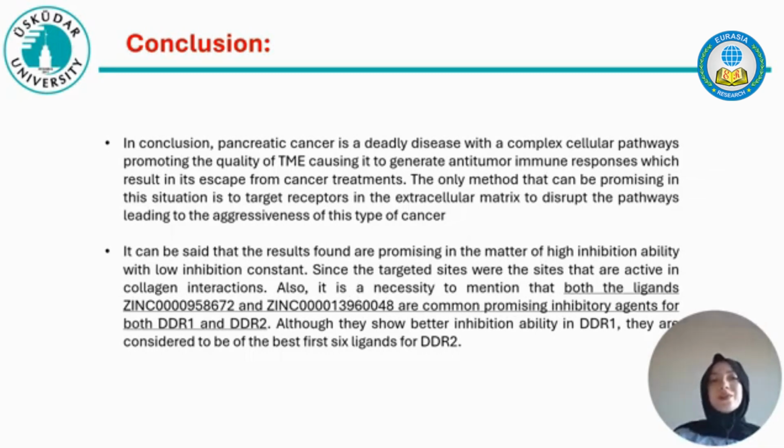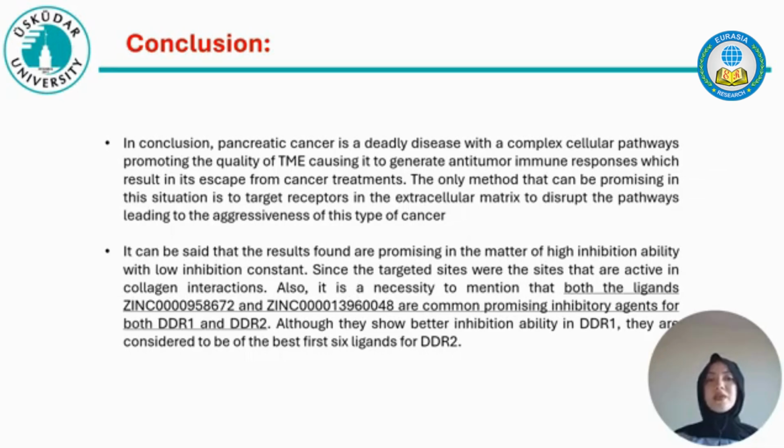So in conclusion, pancreatic cancer is a deadly disease with complex cellular pathways promoting the quality of the TME, causing it to generate anti-tumor immune responses, which result in its escape from cancer treatments. The only method that can be promising in this situation is to target receptors in the extracellular matrix to disrupt the pathways leading to the aggressiveness of this type of cancer.